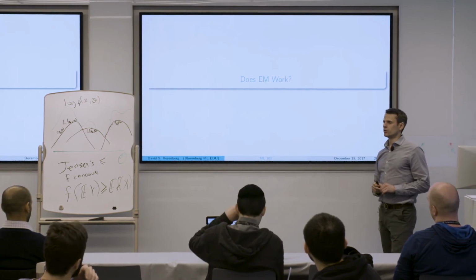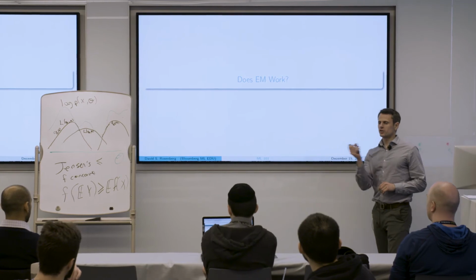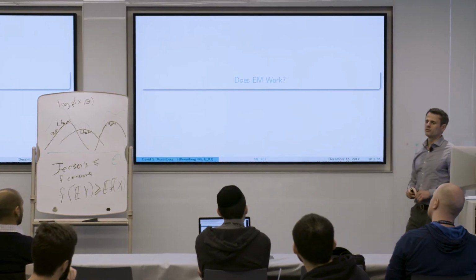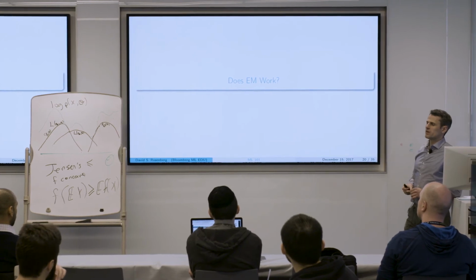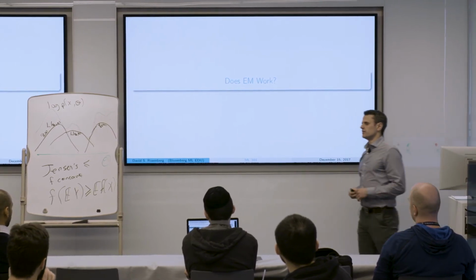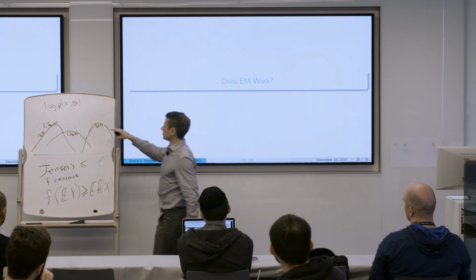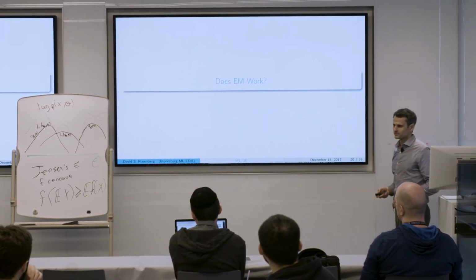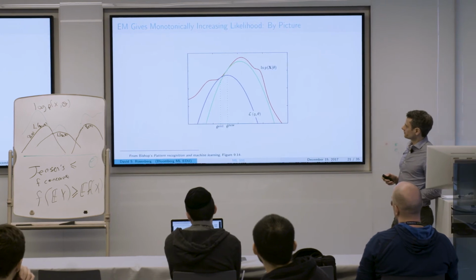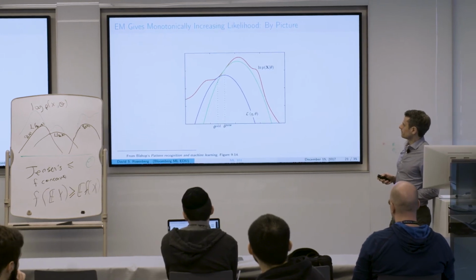So the lower bound, as we vary Q over all possible distributions and theta over all possible values, does the maximum attained there, is there any gap between that and the maximum of the marginal log likelihood? That's the question that we'll address.